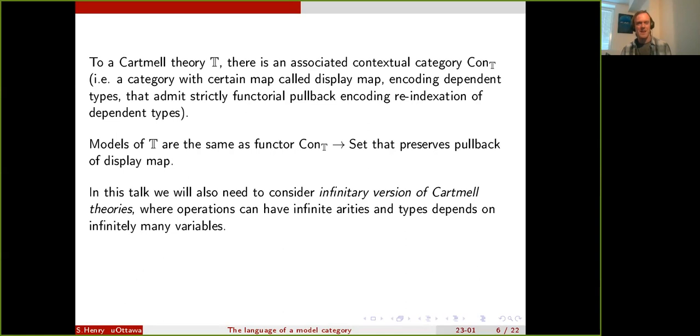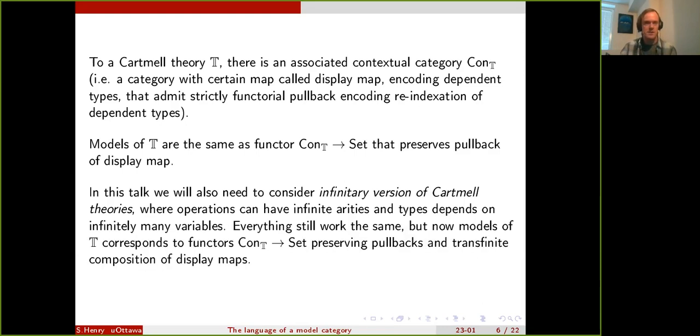And one last thing I need to say is that I will also consider infinitary versions of Cartmel theories, where you can have operations of infinite arities, and you can have types which depend on infinitely many variables, and everything works pretty much the same. So now for the contextual category, I do need to allow infinite contexts as well.